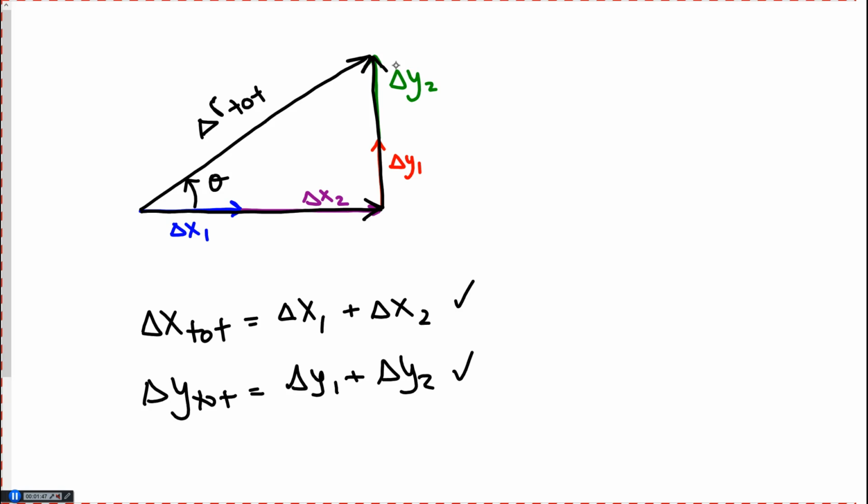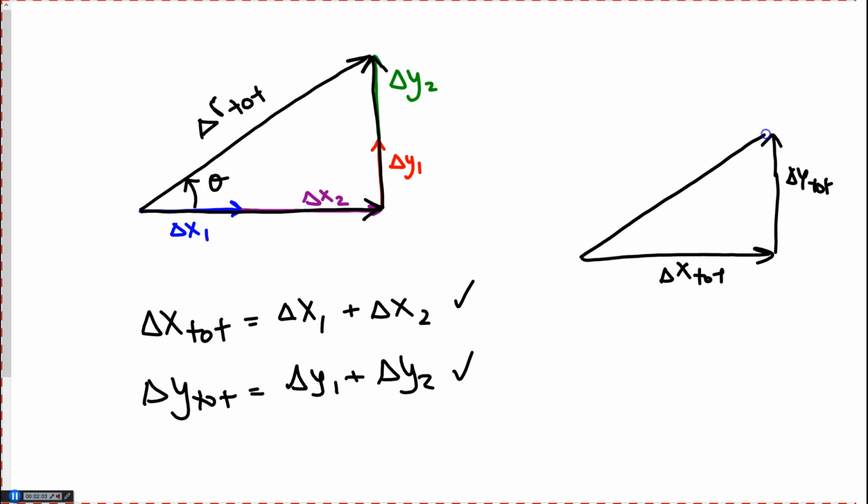And why do we care about right triangles? Well, if you draw your delta x total and your delta y total, now you can draw in the resultant tail to tail and tip to tip.